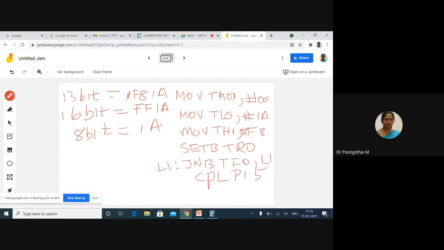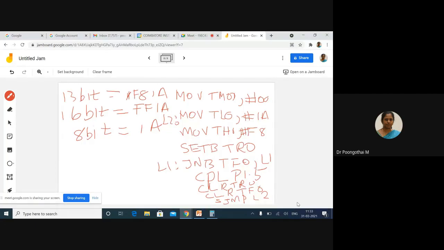After complementing, your overflow flag is set to 1. So stop the timer and clear the overflow flag. And jump to L1, and L2 comes here. This is the code for 2 kilohertz square wave generation using the 13-bit timer.